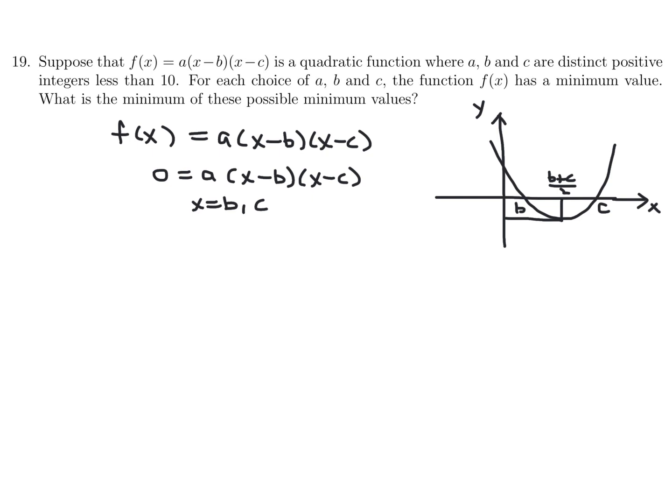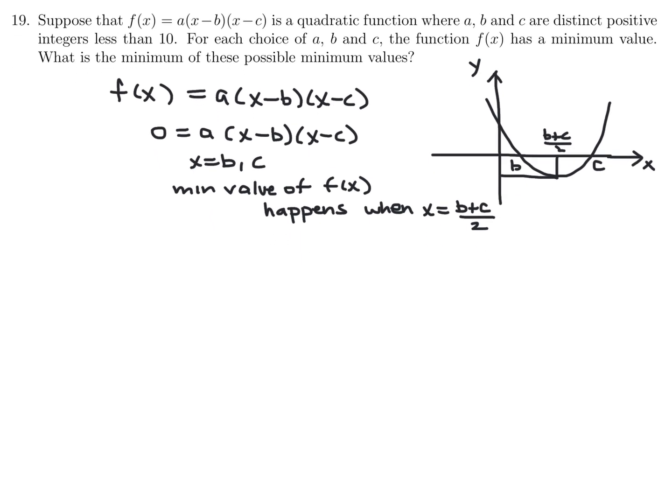So that makes me think that the min value of f(x) happens when x = (b + c)/2. I think that is a pretty good start.